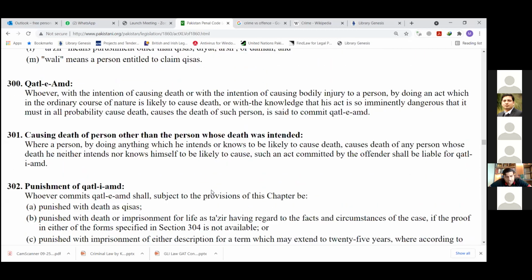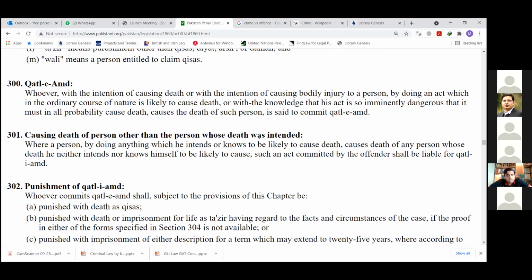Section 300 defines Qatl-e-Amd. Qatl-e-Amd means whoever, with the intention of causing death or causing bodily injury to a person, does an act which in the ordinary course of nature is likely to cause death, or with the knowledge that his act is so imminently dangerous that it must in all probability cause death, causes the death of such person, is called Qatl-e-Amd.